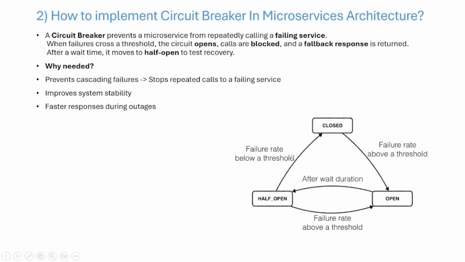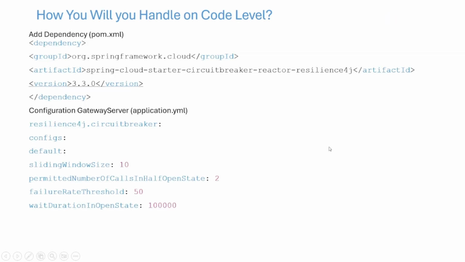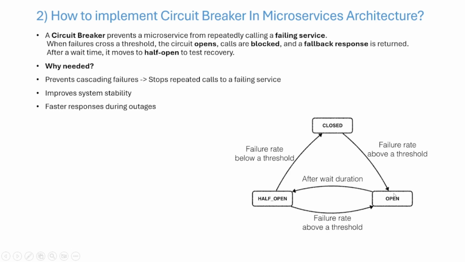So let's understand these four things written over here using the flow diagram. In the flow diagram, you have seen if our 10 microservices are working fine, then our circuit breaker would be in the closed state. Out of 10, our threshold failure rate is 50%. It means if 5 microservices are not performing well, then our circuit breaker will go to the open state if the failure rate is above the threshold, and it will wait for a fair amount of time.